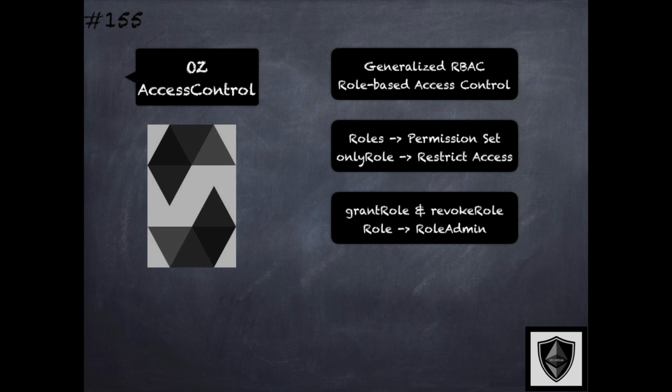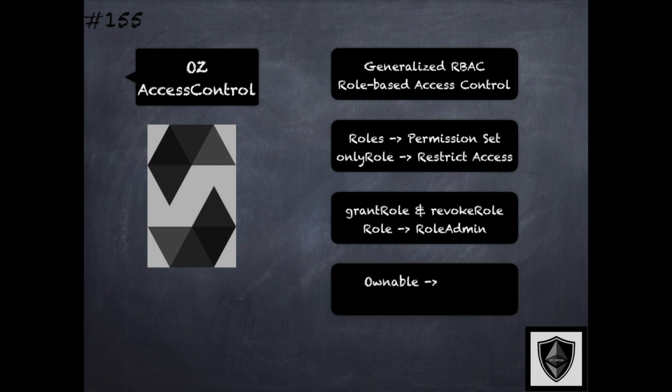Every role also has an associated admin with it that can grant and revoke those roles. So unlike Ownable, which implements a very basic access control using the notion of an owner address and all other addresses, this library allows for a more flexible role-based access control.